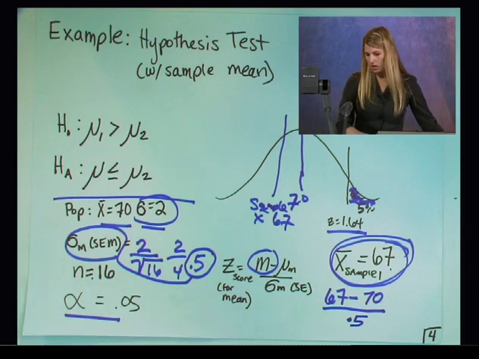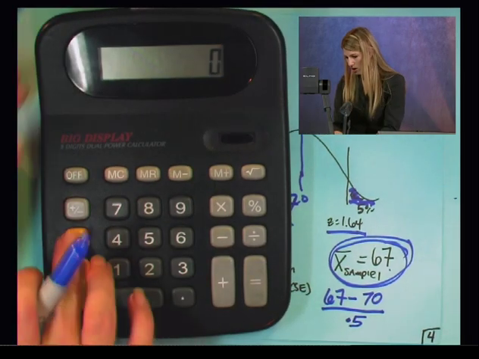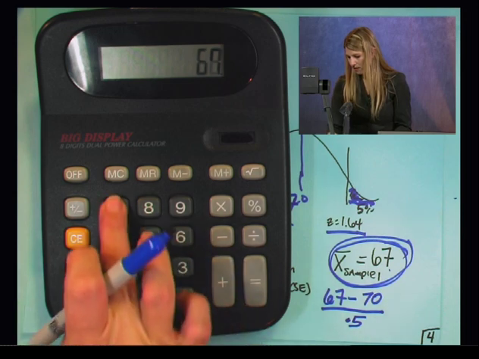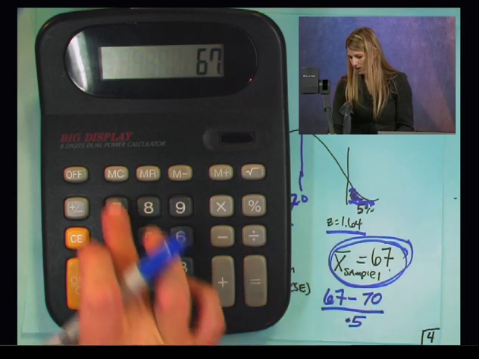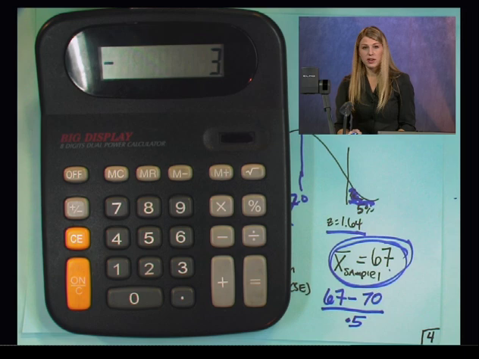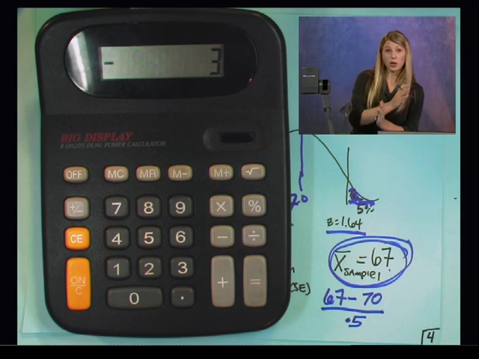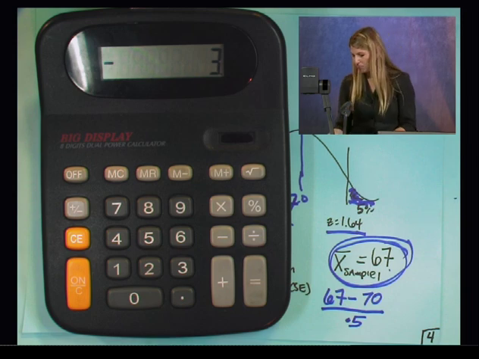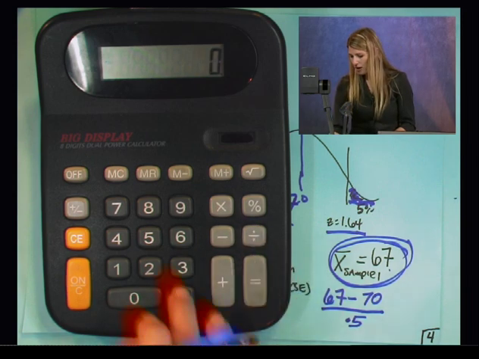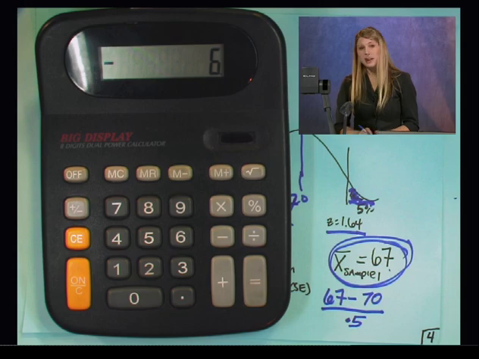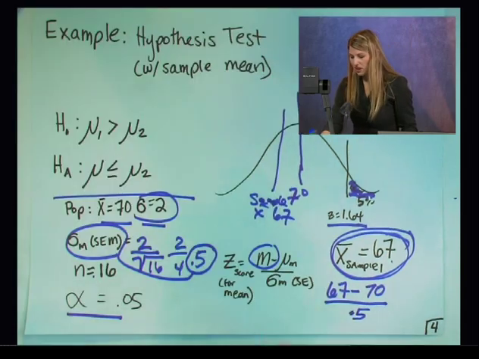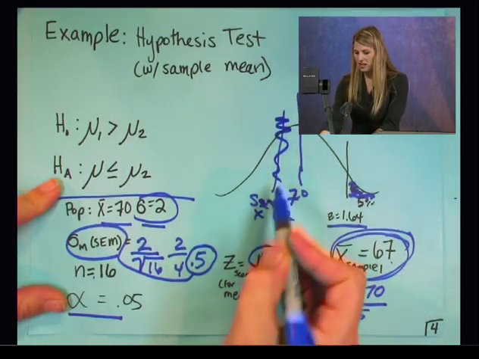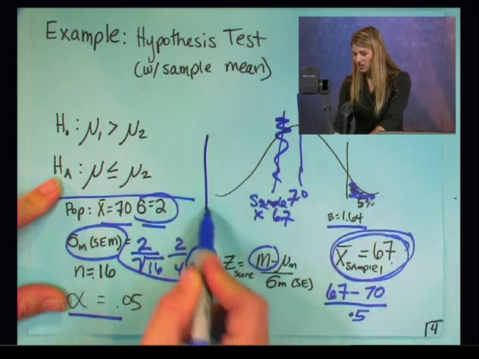So go ahead and do this. Let's bring the calculator in. 67 minus 70. You notice you have a negative number. That means your sample mean fell below the population mean. That's what happens with z-scores. And then divide by 0.5. We got -6. So I drew this on here at the wrong place. It's -6 standard deviations. It's way down here.